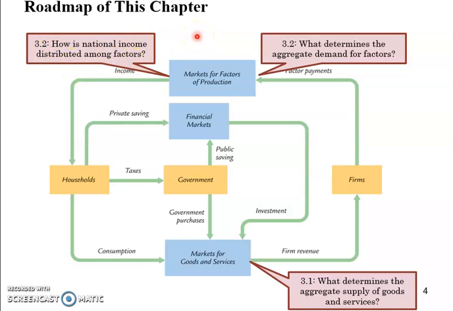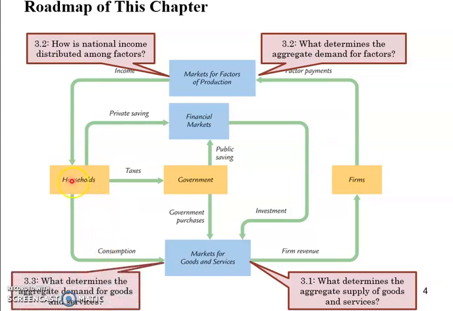Once households figure out how much money they can make, they would be able to decide what and how much they would like to consume. It's their consumption. So we're going back to the market for goods and services and talk about what determines the aggregate demand for goods and services, because the households are going to be on the demand side, and the firms on the supply side of this market.